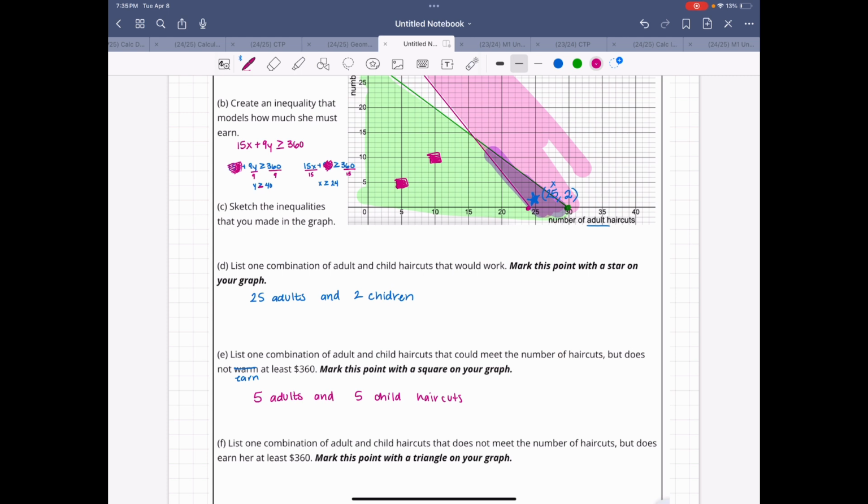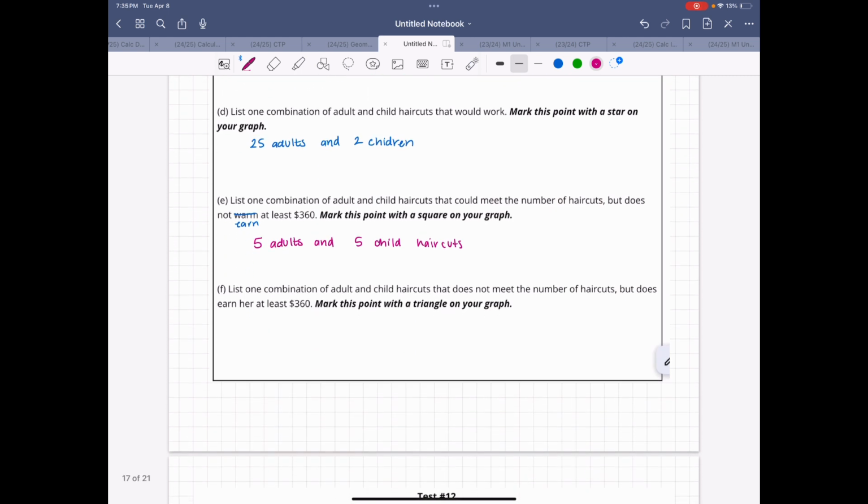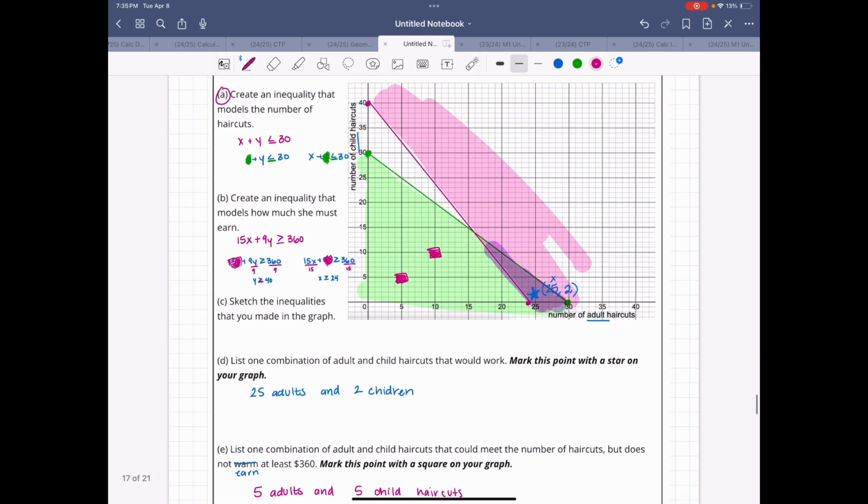Okay, in F, we are now looking for a combination of adult and child haircuts that does not meet the number of haircuts but does earn her at least $360. So looking at my graph here, that's going to be anything in this region here. For example, if I can cut 25 adults, because the x-coordinate's at 25 and the y-coordinate is 15.